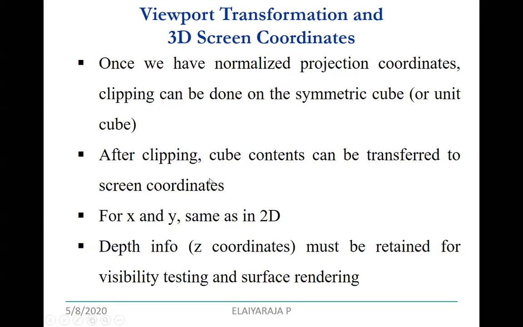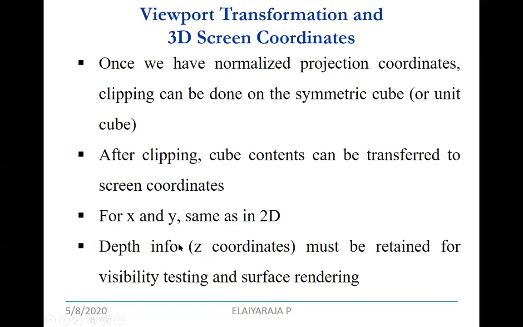As I said, for x and y it is the same as in 2D, whereas in 3D we take the depth element with respect to your z coordinates, which must be retained for visibility testing as well as surface rendering. When you consider the depth value, you have to check whether it is in the image space.